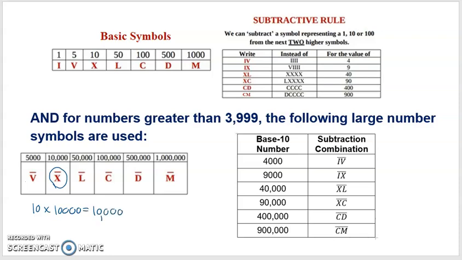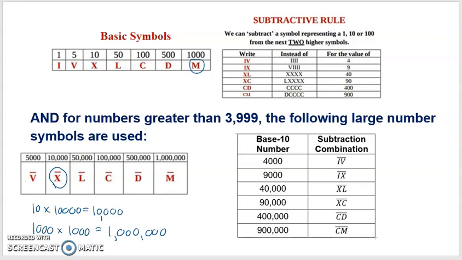Similarly, M is 1,000 in the basic system, but in the extended system, M with a bar over it is 1,000 times 1,000, which is equal to 1,000,000.